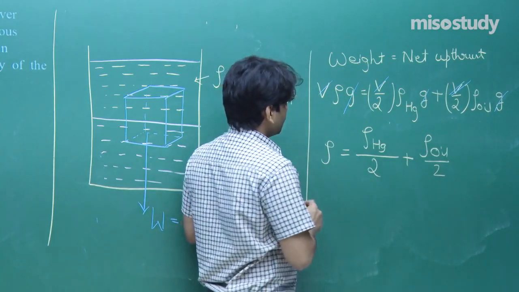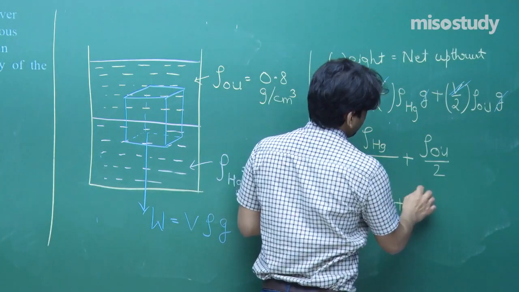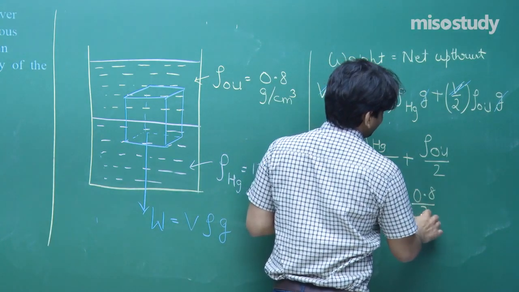Substitute the values, you will obtain 13.6 divided by 2 plus 0.8 divided by 2.